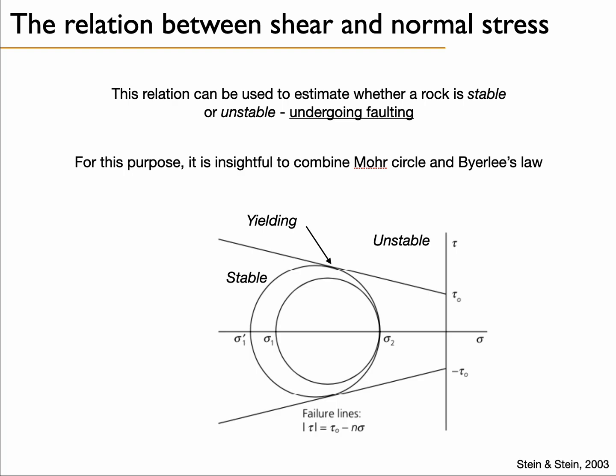So that's an example here of a diagram that shows normal stress versus shear stress, and you see different types of circles. You have one circle here, and you see that this circle is away from the yielding line. So this one is stable, and you see a second circle, and this circle is touching the yielding line. So for this stress state, one activates frictional plasticity.